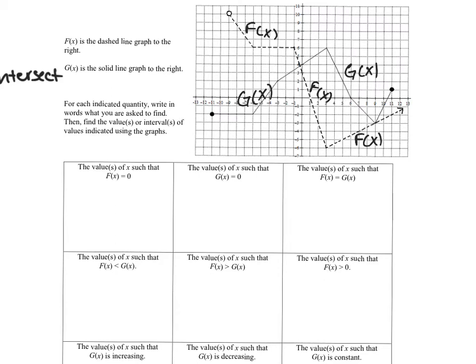The first one says the values of x such that f of x is equal to 0. If f of x is equal to 0, then the graph is on the x-axis, and x is equal to 1.